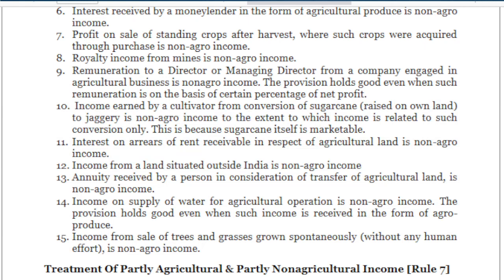That's what we have to remember. Next thing we should remember, income from sale of trees and grasses grown spontaneously. If something is grown spontaneously without any human effort, and you are selling it, that's non-agricultural income. This is how we should remember what is non-agricultural income and what is agricultural income.